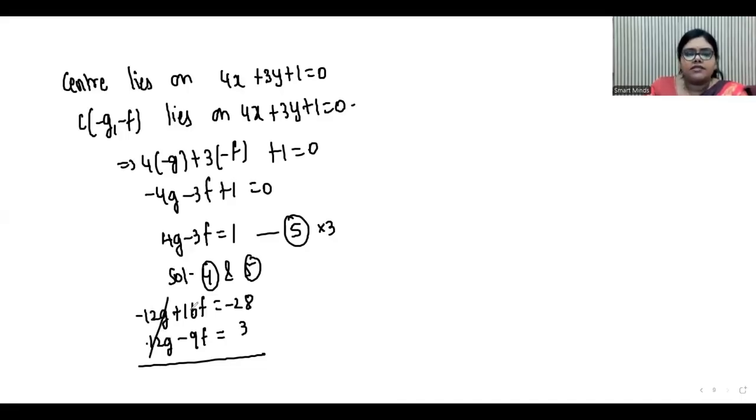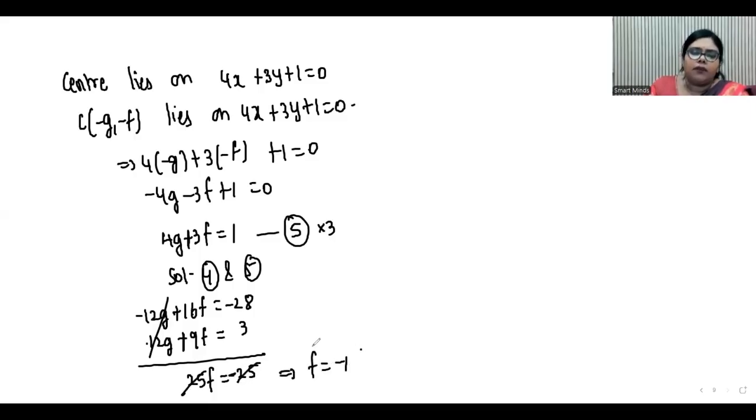So 16 plus 9 is 25f is equal to minus 25. 25, 25 cancel.